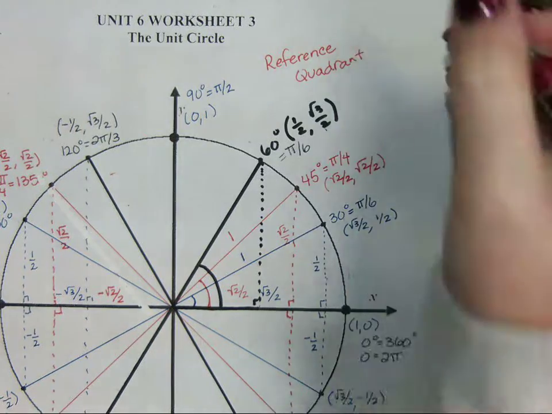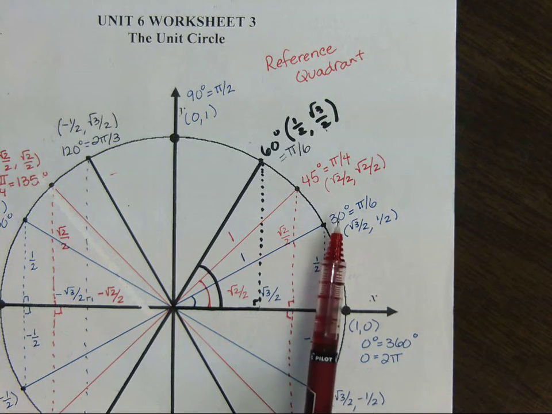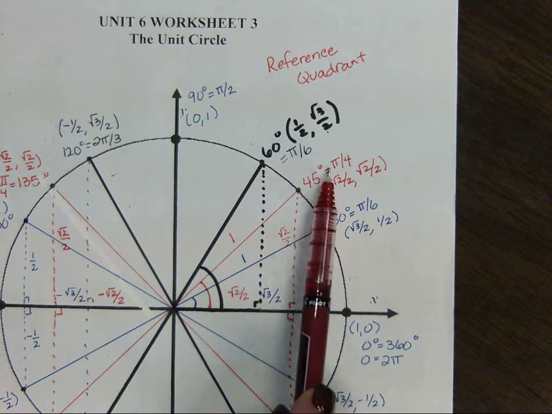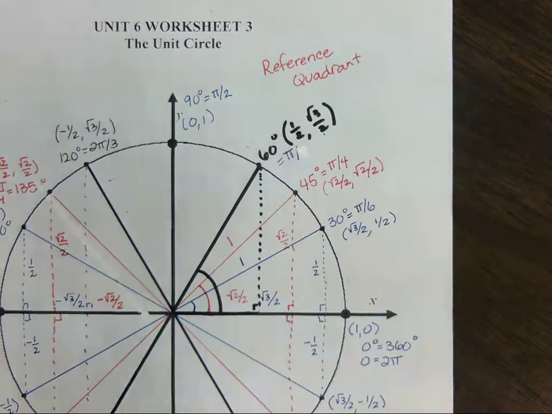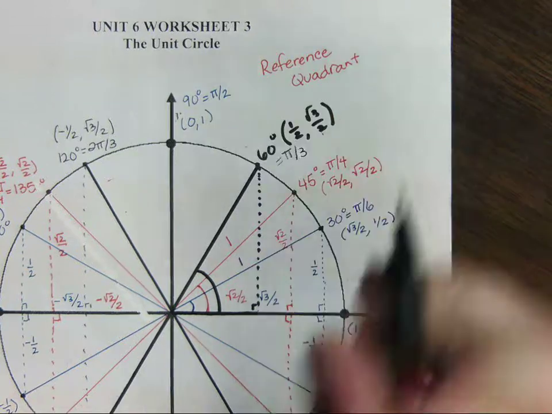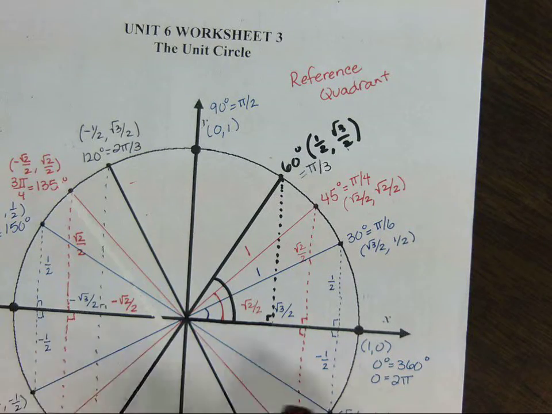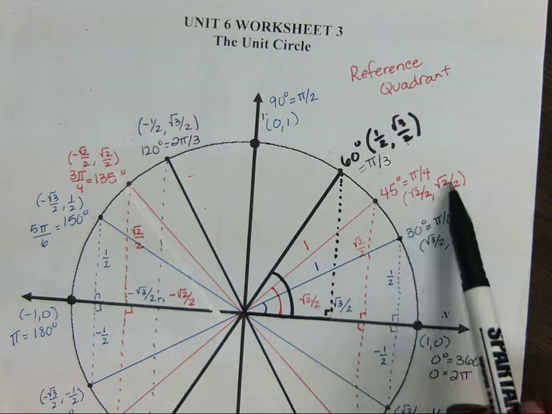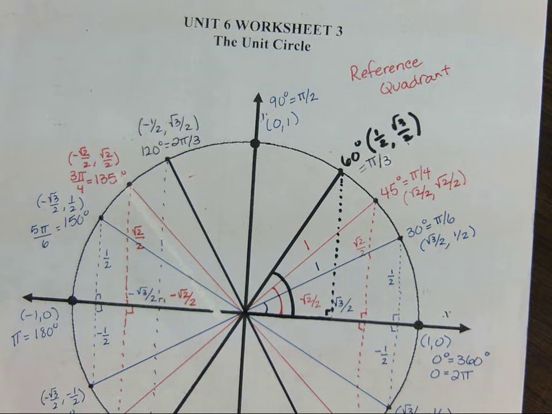Whatever happens in this quadrant, if I can find a reference angle that is an increment of 30, 45, 60, or pi over 6, pi over 4. Oops, I said pi over 6 on this one, didn't I? That was silly. That was a pi over 3. My bad, I apologize. Or pi over 3. Then we're going to think about how those move around in the different quadrants and create the same coordinate but different values. And this is going to help us as we move into more trig.